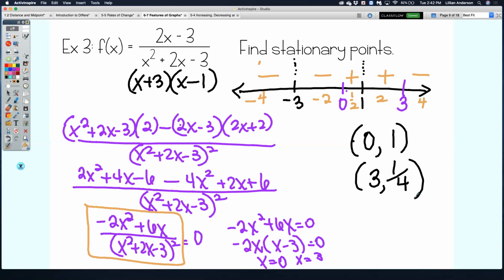And those are my stationary points. Can you visually see it? You have 2 asymptotes. I'm decreasing to increasing, getting close to the asymptotes, never crossing or touching, then increasing to decreasing.